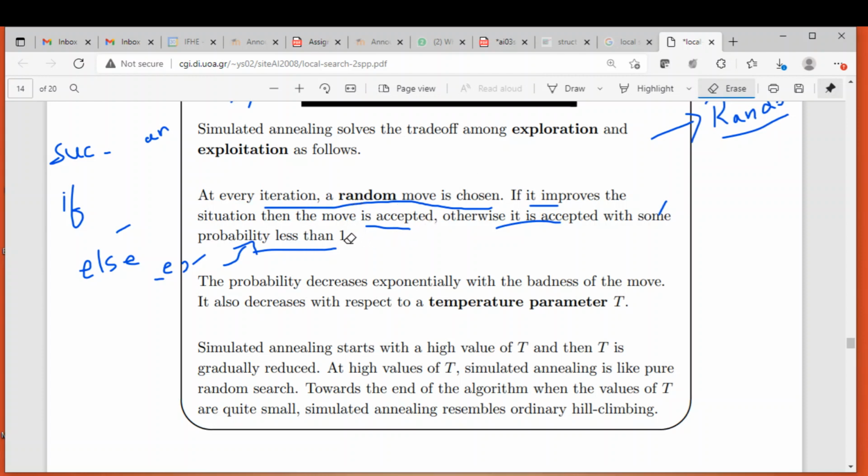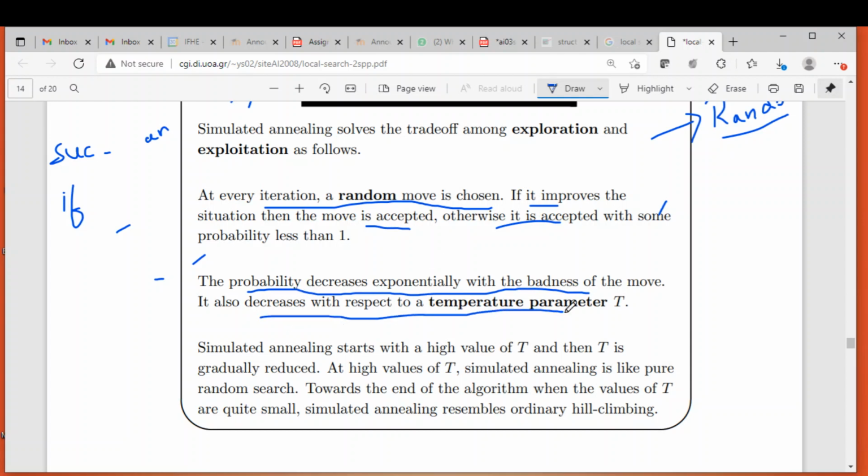But if the successor is not better than the current state, then it will accept with a probability less than 1. And how is this probability calculated? This probability decreases exponentially with the badness of the move, and it also decreases with respect to the temperature T. So there are two things which decrease this probability.